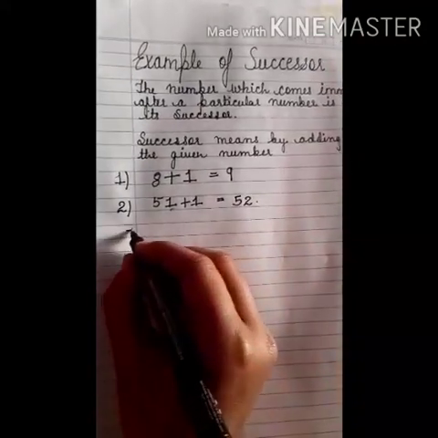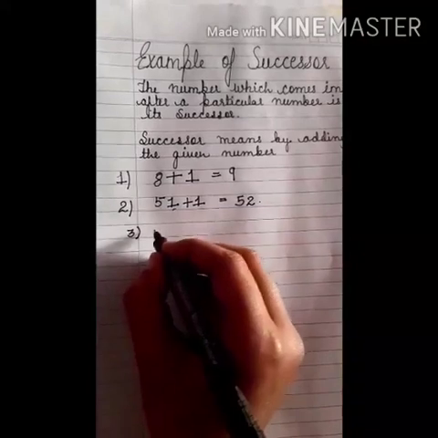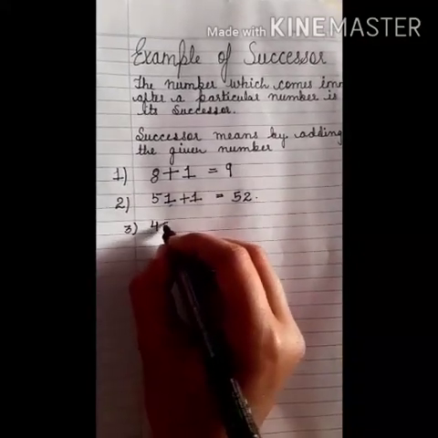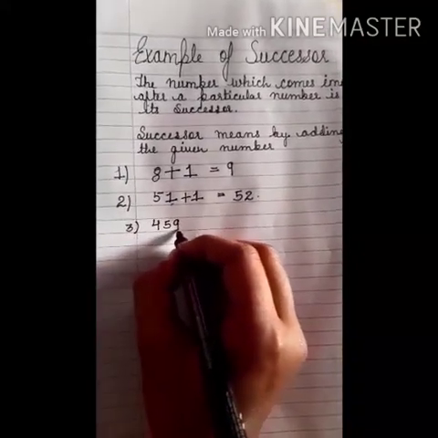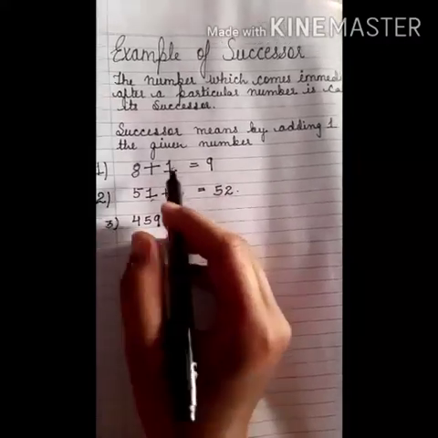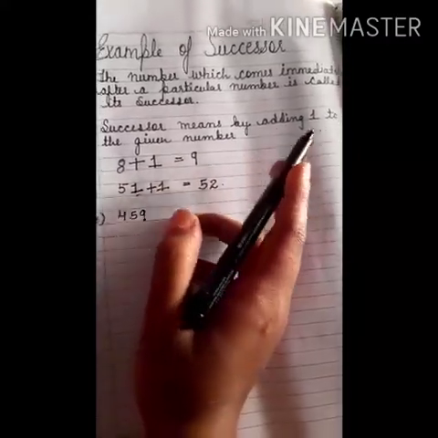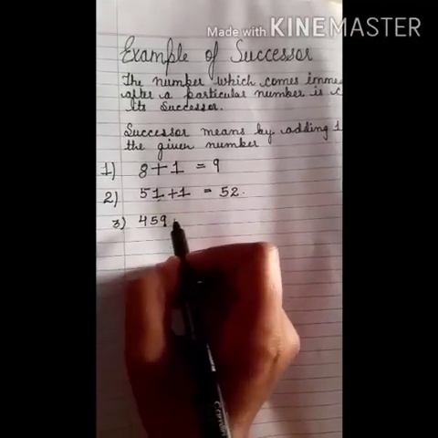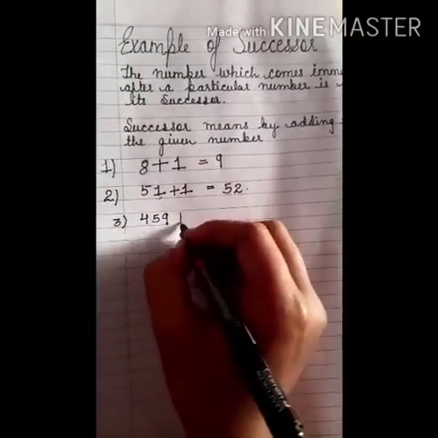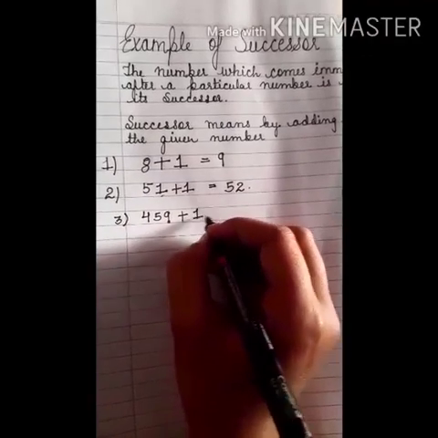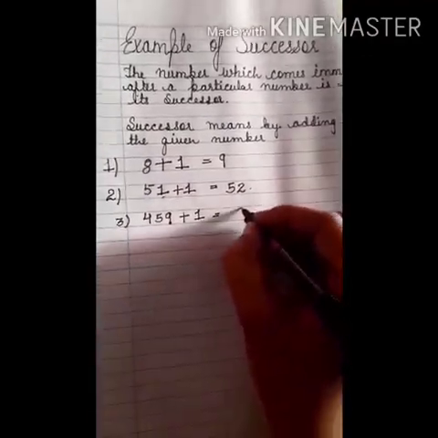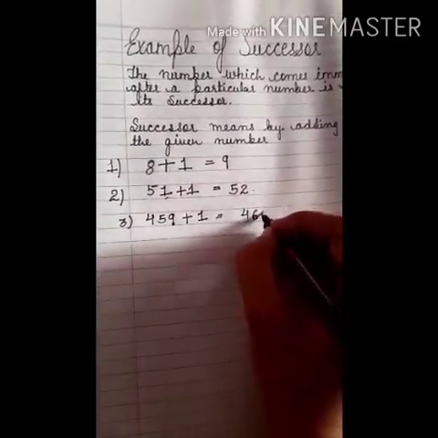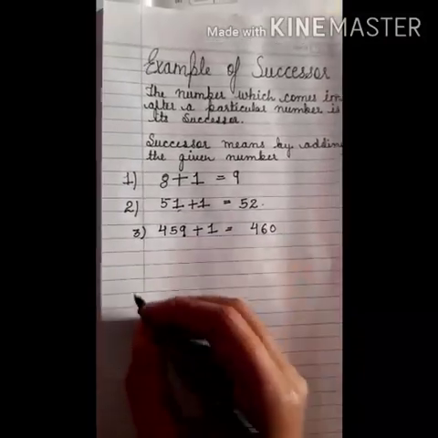Now we'll take another example. 459. So what is a successor? Successor means adding 1 to the given number. So the given number is 459. So we will add 1. So what will it become? 460. Like this you can do.